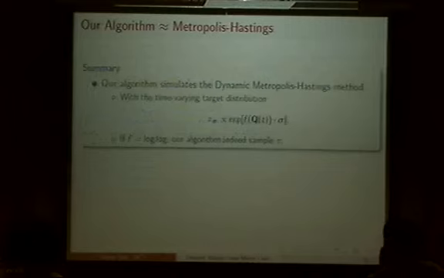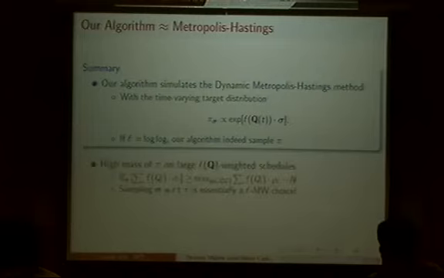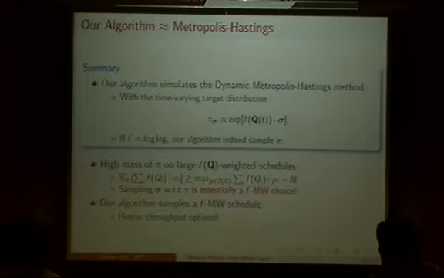And our algorithm is a time-varying, dynamic version of the Metropolis-Hastings method. If we choose log x, our algorithm indeed samples that time-varying stationary distribution, and this implies that our algorithm eventually samples the f max weight schedule.